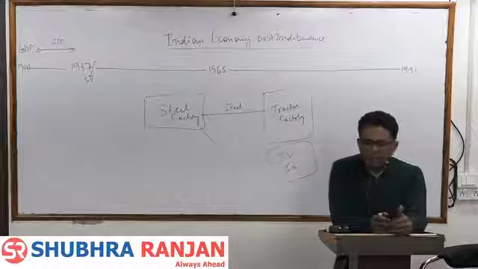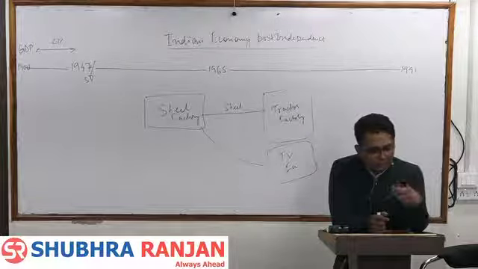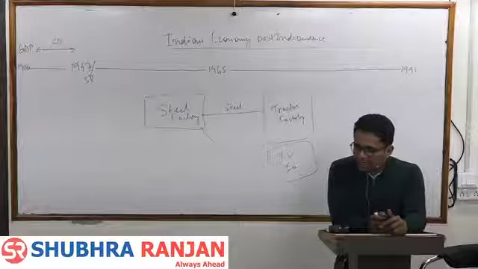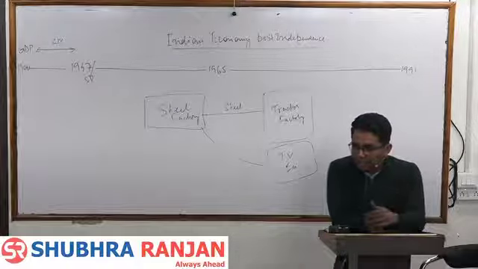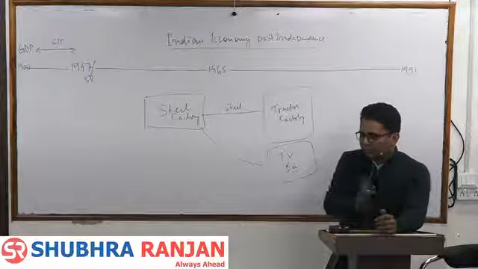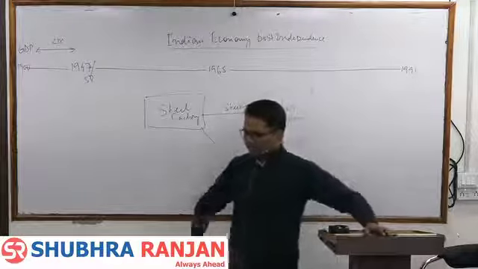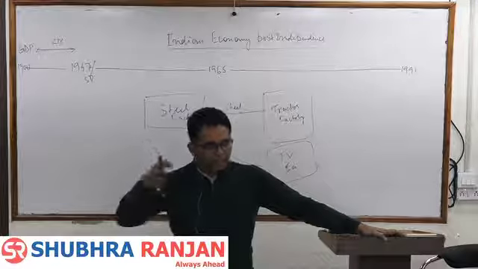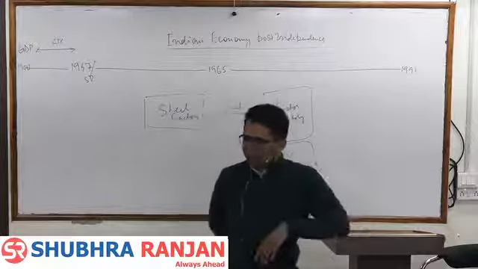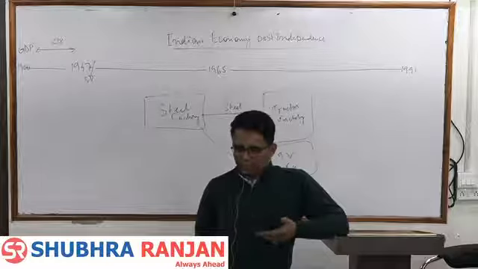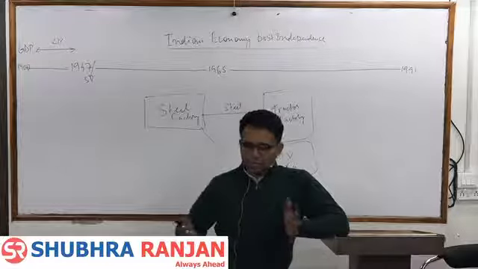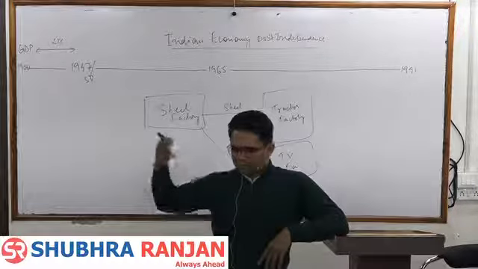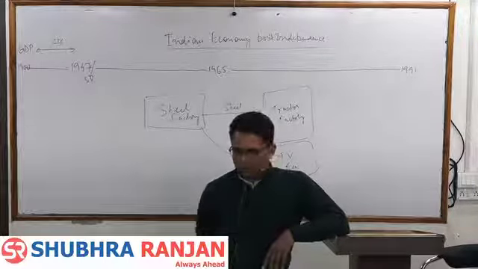So capital goods industries require huge capital, and they start giving returns after a long time period. Long gestation hota hai. Heavy capital goods industries का gestation period, that means the profit starts coming after a long time, because you put in huge money and to recover that money takes a long time, and profit comes only after a considerable time period.